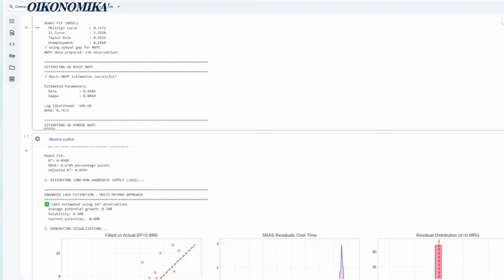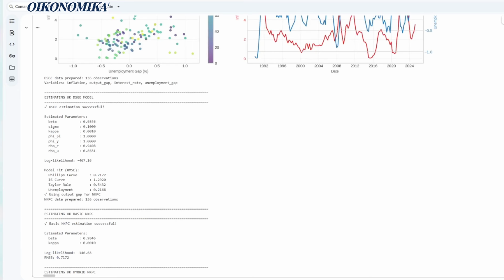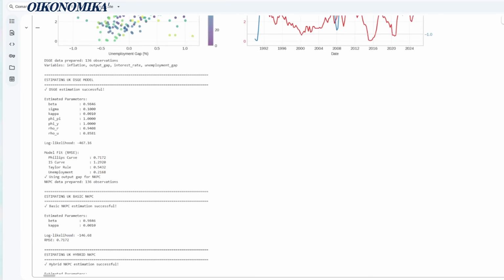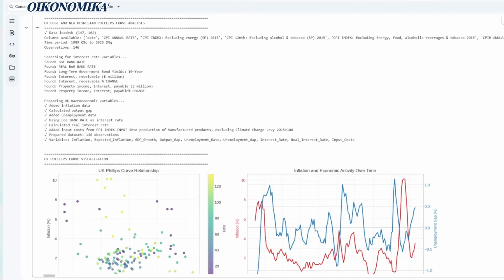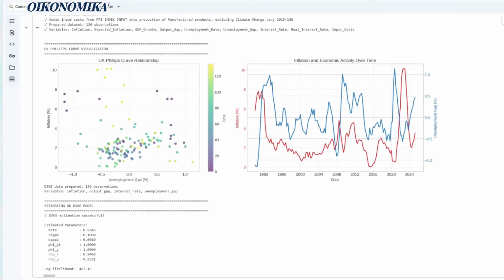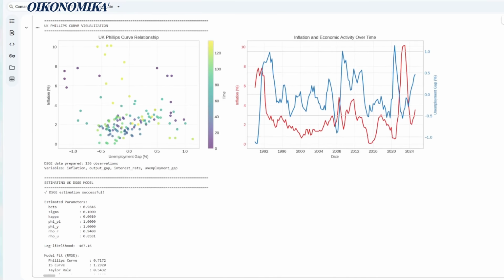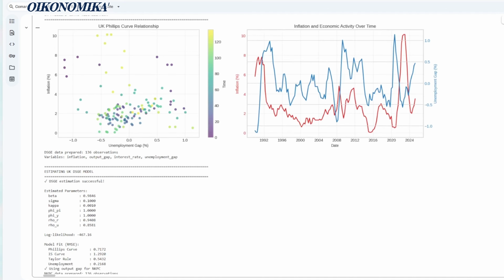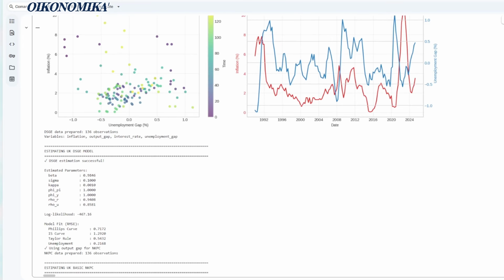So we see graphically in charts where the potential growth level is. Here we always take our 160 data columns, 140 plus rows, and we analyze the Phillips curve with the dynamic stochastic general equilibrium model, utilizing a New Keynesian Phillips curve, a hybrid model.